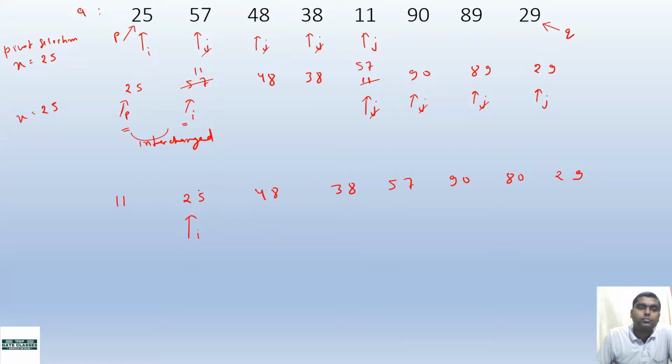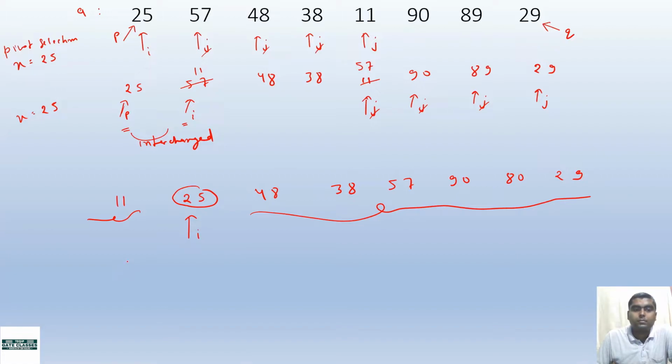Okay, so this is the beauty of this algorithm. So I am writing here that, what is this element? This is the pivot element.